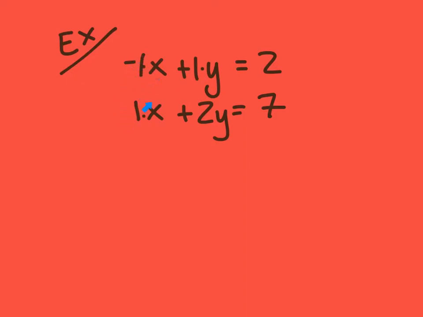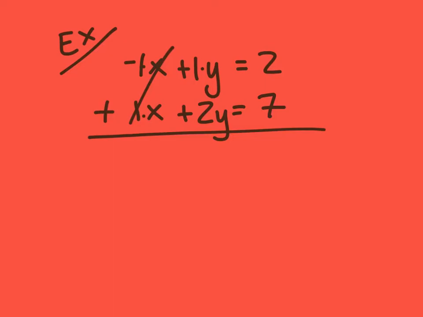So when I have those together, all I do is add my equations together. Because when I have opposite coefficients, those are going to cancel out and add to 0, hence the word elimination.